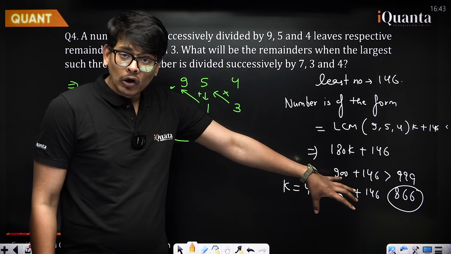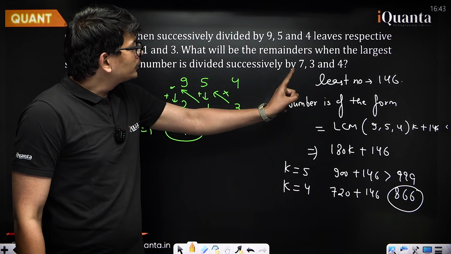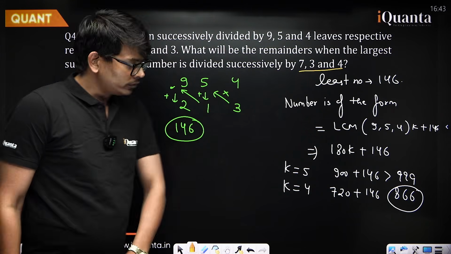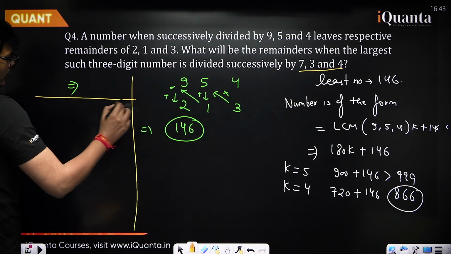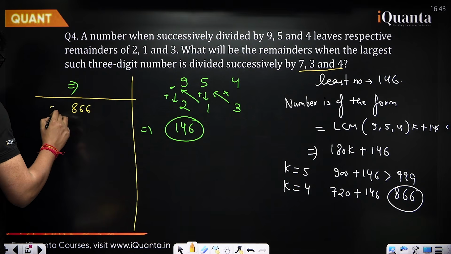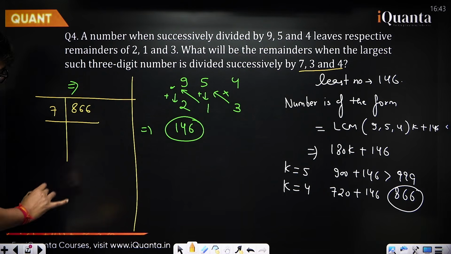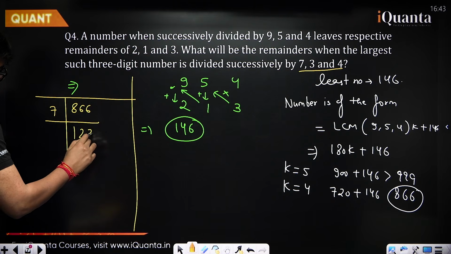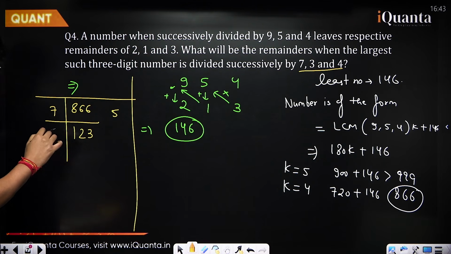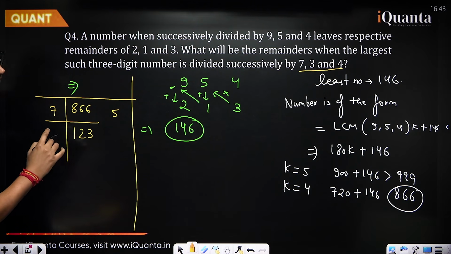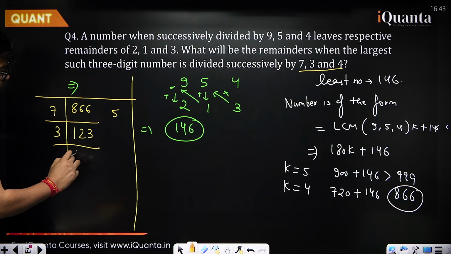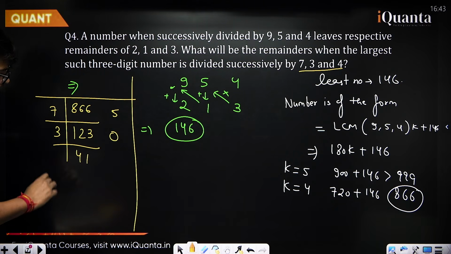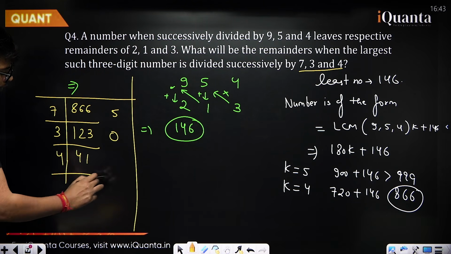Now I have to solve for 866 and successively divide by 7, 3 and 4. So let's solve this. 866 divided by 7. 7 1 is 7, 16, 2, 26, 3, 5. Okay, let me check. Yeah, perfectly fine. Now 3, 41, 0 and 4, 10, 1.